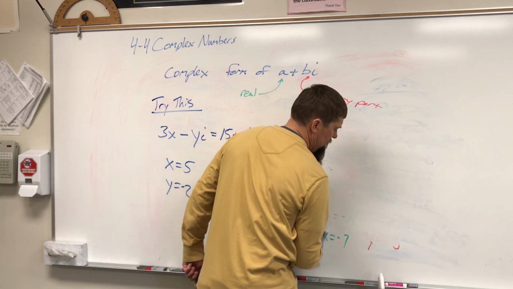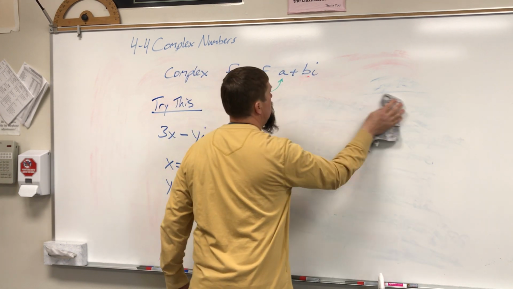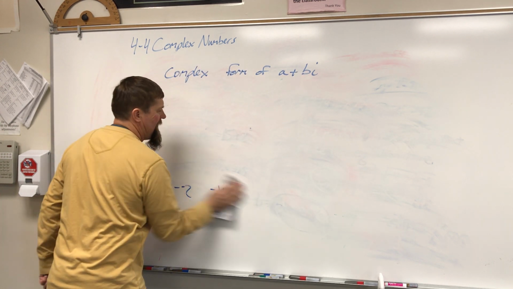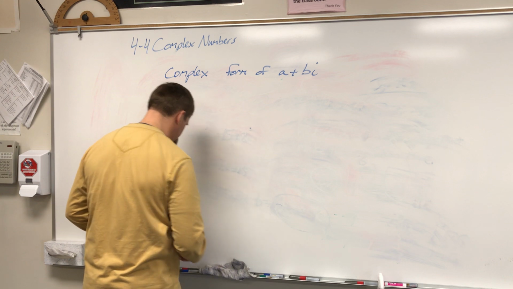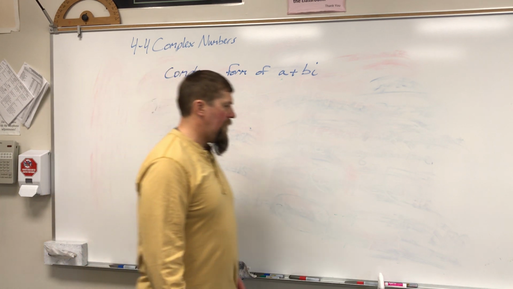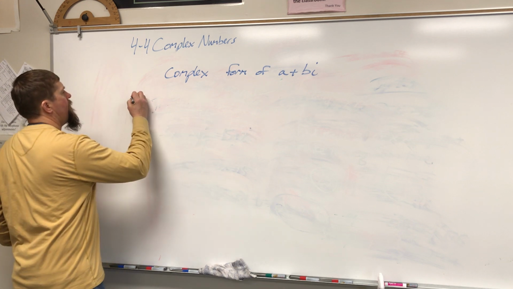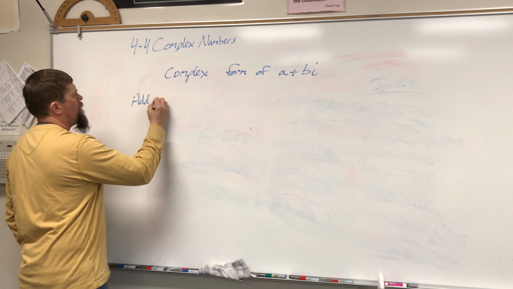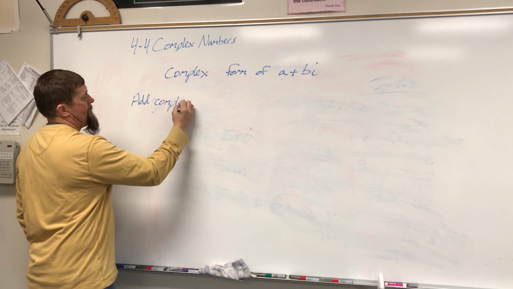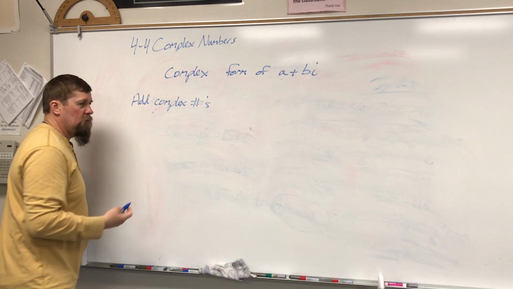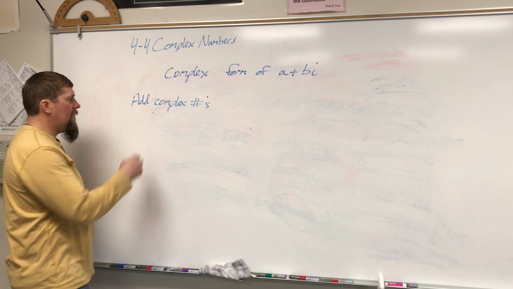The next subject that we're going to talk about is adding complex numbers. Now, if I'm going to add complex numbers, basically what I'm going to do is take two complex numbers.